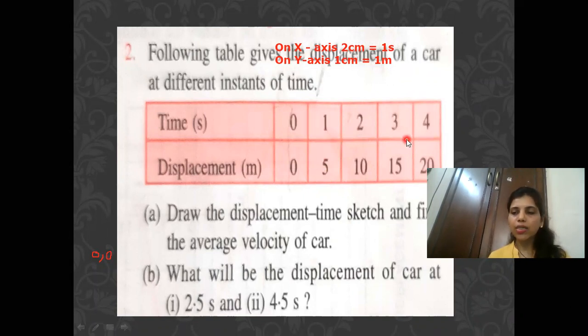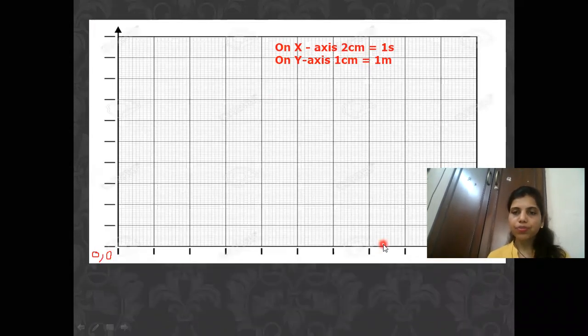The time is increasing with an interval of 1 second, and displacement is 5, 10, 15, 20. So now from here you understand that it is 5, 10, 15, 20. If you write 1, 2, 3, 4, 5, 6, 7, 8, 9, 10, then it won't be possible for you. So I'll rewrite it once again.